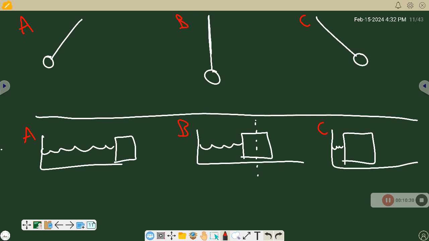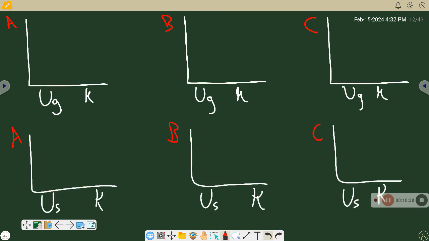Let's start with point A for the pendulum up in the top left. It is not moving. There is no spring involved. And it is also being held above the ground. So I'm going to say that it has exclusively gravitational potential energy and zero kinetic energy. Okay?